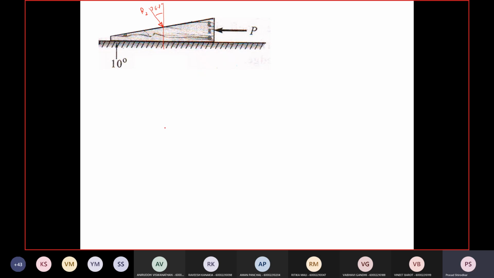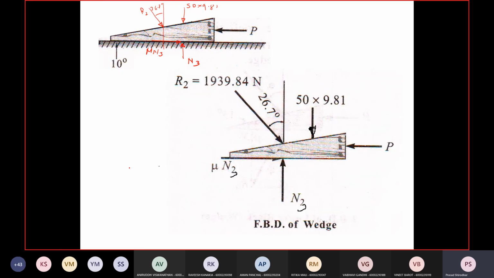So R2 is making an angle of 26.7 degrees with the vertical, and then there will be the self weight of the wedge, that is 50 into 9.81, and there will be a normal reaction, let's call that N3 and μN3. Finished the free body diagram, so this is the free body diagram.